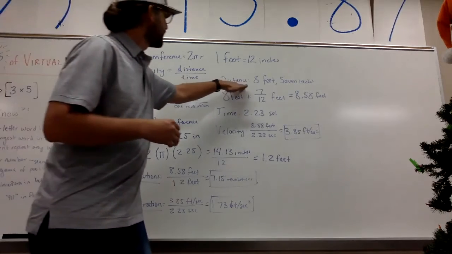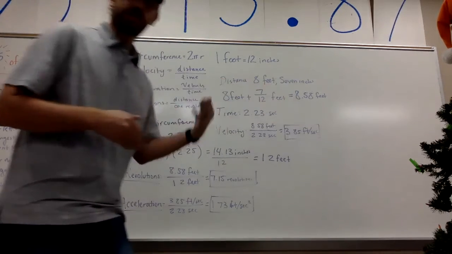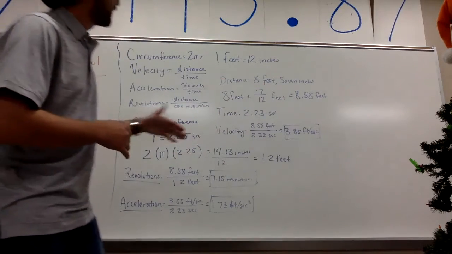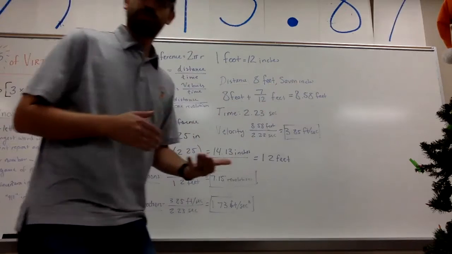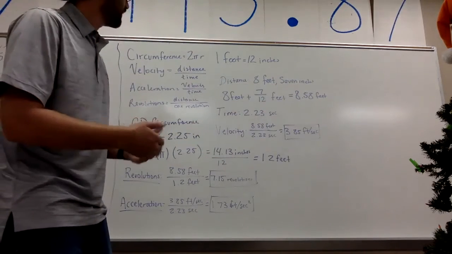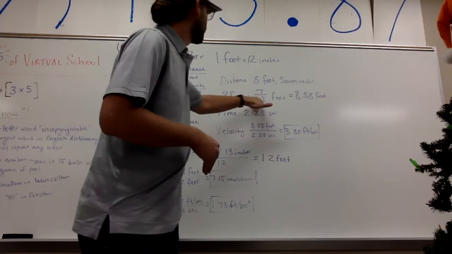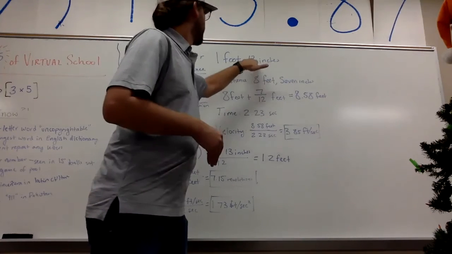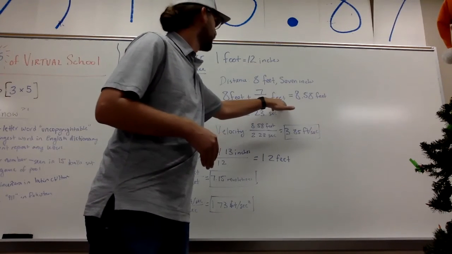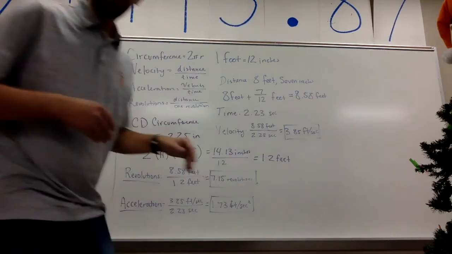We had to find our distance, 8 feet 7 inches. We had to convert because 7 inches isn't the correct unit that we need. We need feet. So we converted 8 feet plus 7/12 feet and got 8.58 feet.